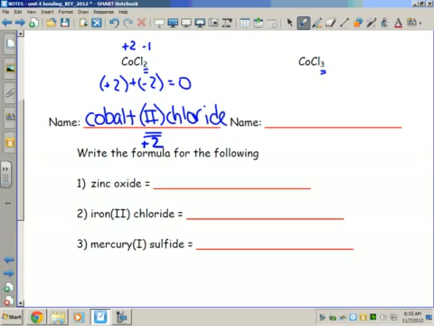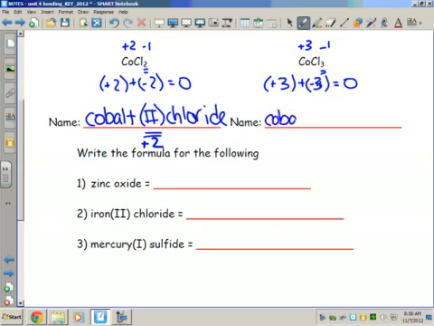You see cobalt here combined with 3 chlorines. The chlorine's a -1. We already explained why. If there's 3 of them, that means you've got a -3 here. We know that they have to add up to 0, which means the cobalt must be +3. Right? That's one of the choices.